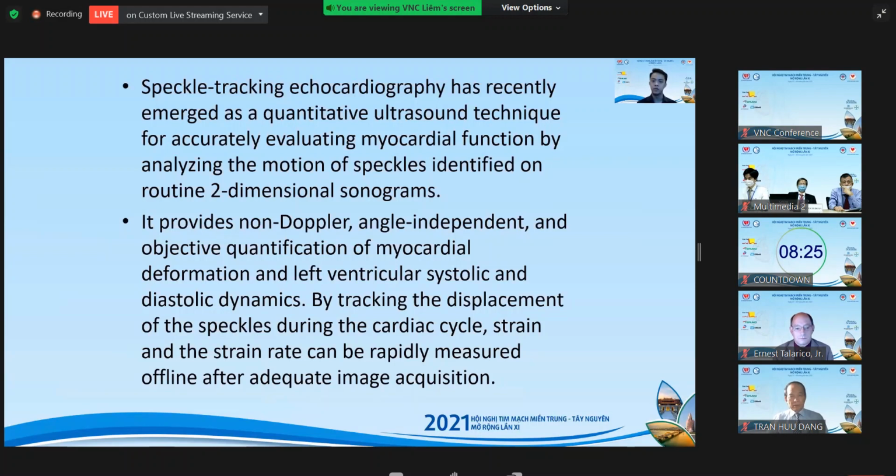A speckle is a unique acoustic pattern resulting from the interaction of ultrasound energy with tissue. It provides non-Doppler, angle-independent, and objective quantification of myocardial deformation and left ventricular systolic and diastolic dynamics. By tracking the displacement of the speckles during the cardiac cycle, strain and strain rate can be rapidly measured offline after adequate image acquisition.